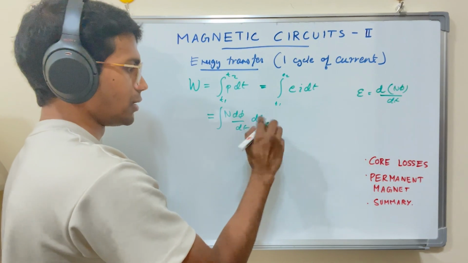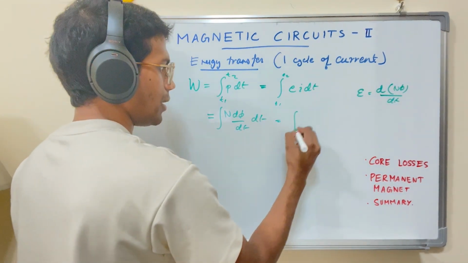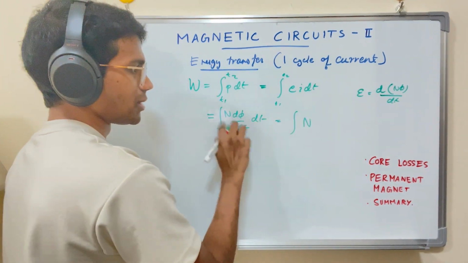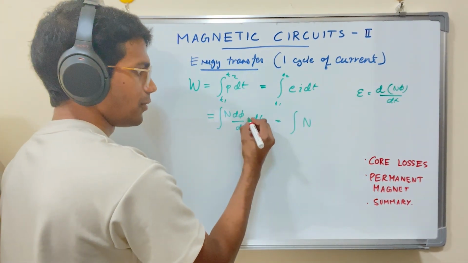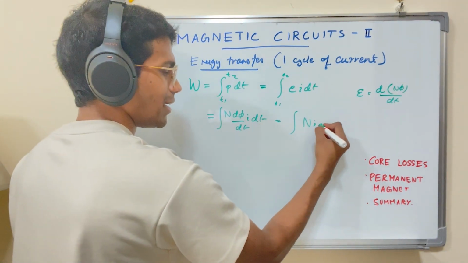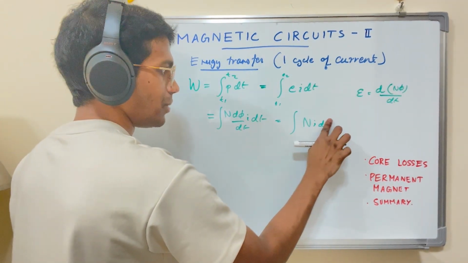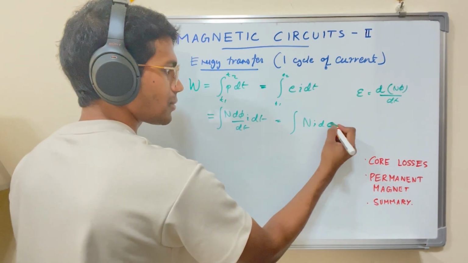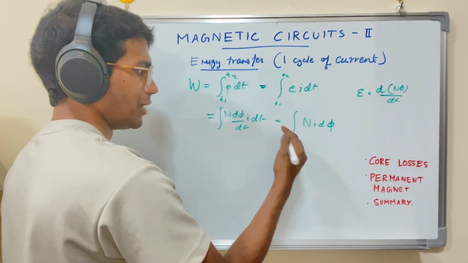So we could just get rid of these dt's and just write it down as N. Oh, well, this is EMF, and don't forget the current. I almost forgot. So N i d phi, because I could just cancel out the dt's. Or not exactly cancel out, but you get the idea.